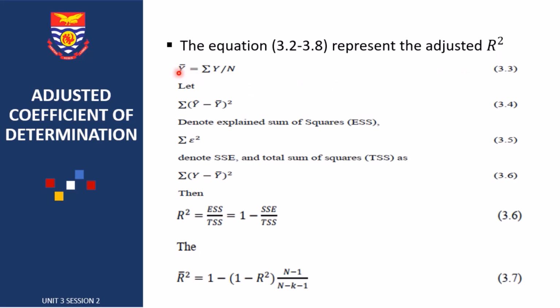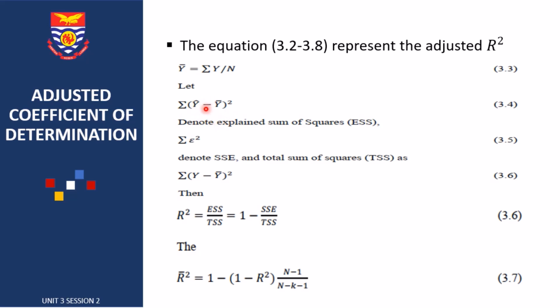You can see that this is the average regressand, which is the sum of all the observations over the number of observations, and the y-hat, which we've already explained in our earlier session, represents the estimated regression, and the y bar is the average regression.